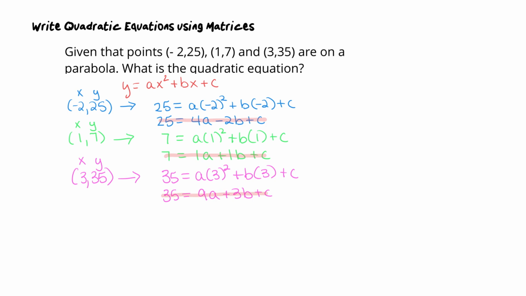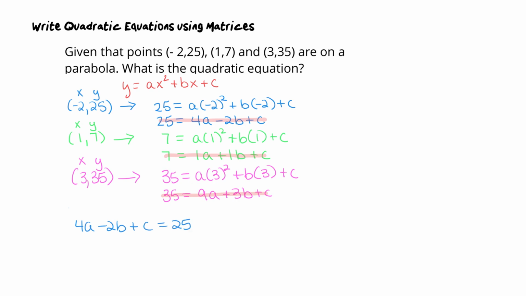Now I'm going to write them in matrix equation form. Let me rewrite that again, and put the constant on the right. So that would be 4a minus 2b plus c, and that equals 25.